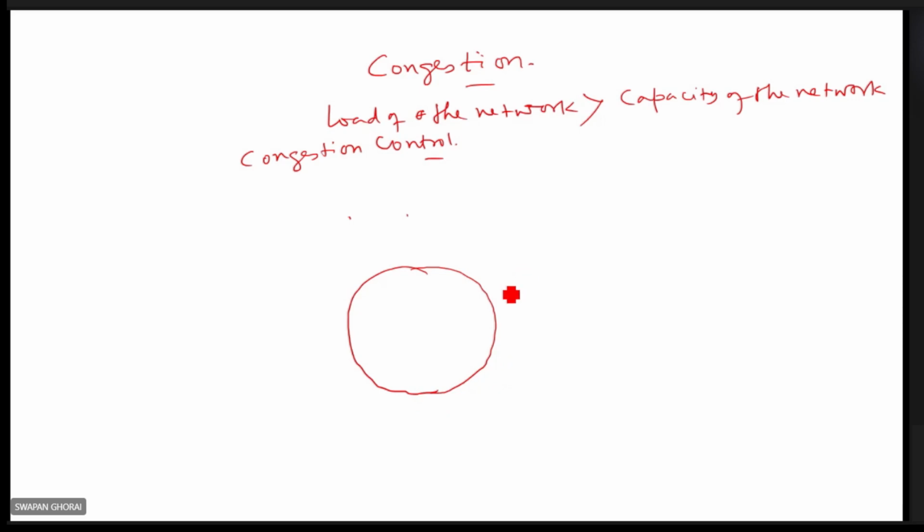Let us say input output queues at a node. In a node there will be different ports. Each port will have two buffers. One will be the input buffer, and the other will be the output buffer.